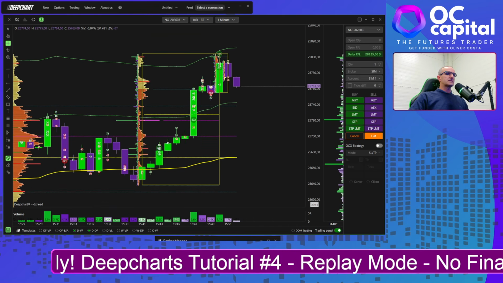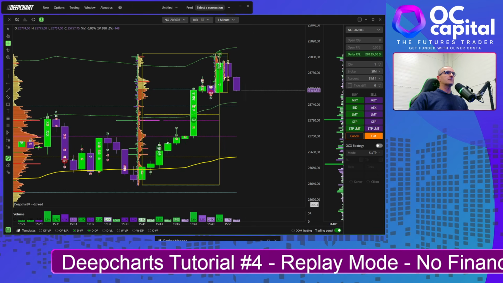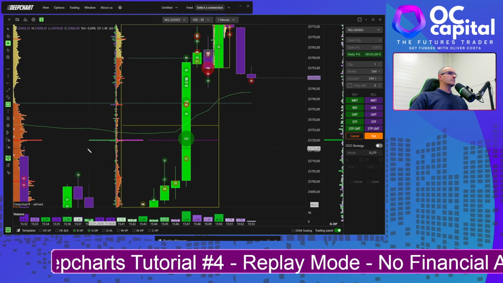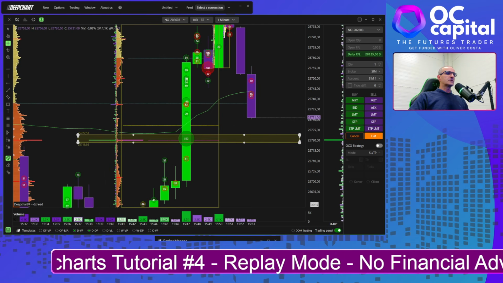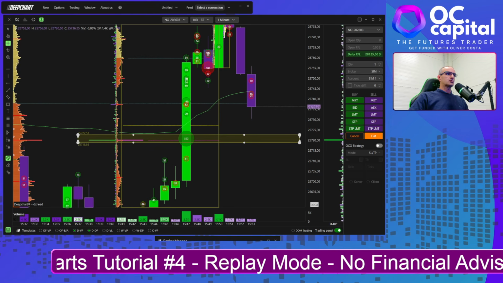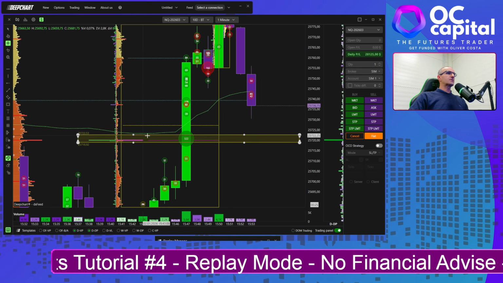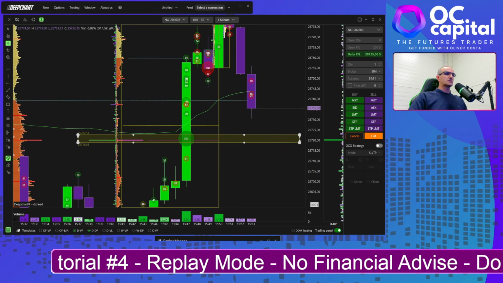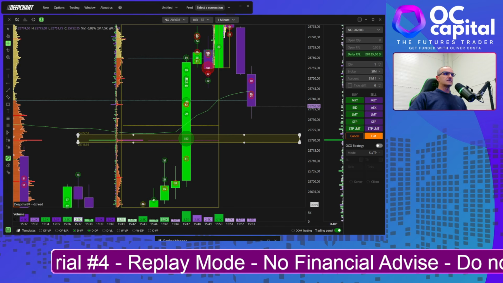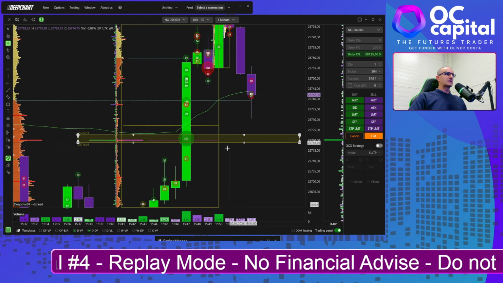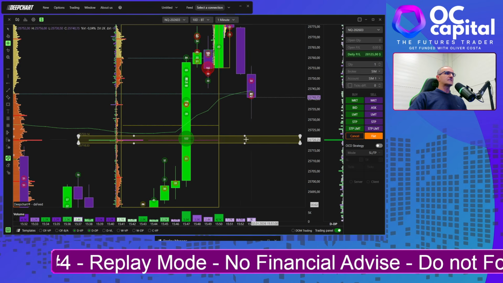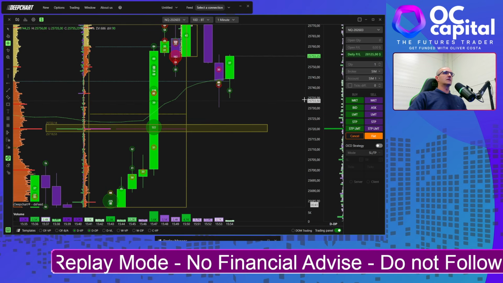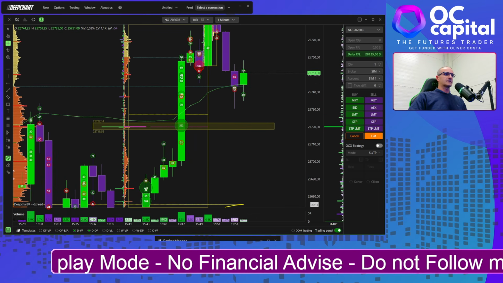I set myself an alarm and was waiting for this area to give me some trade. What would that mean? I would wait to see a big absorption of sellers on the bottom, below or around this area where these 55 aggregated trades are sitting.